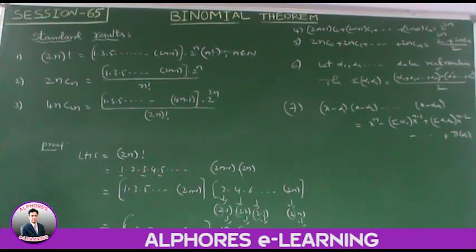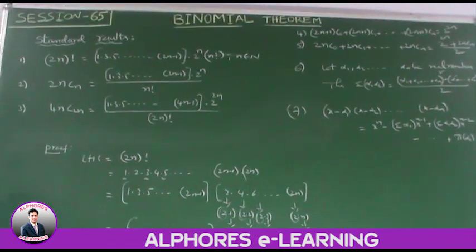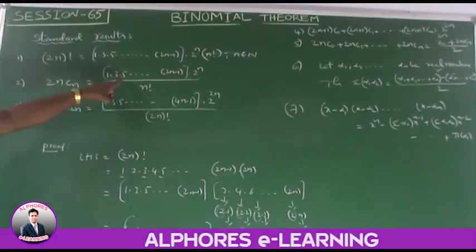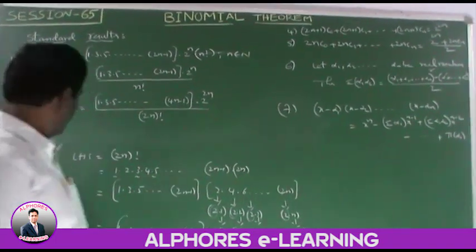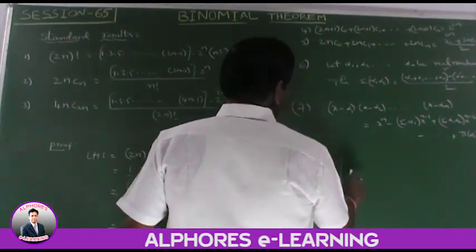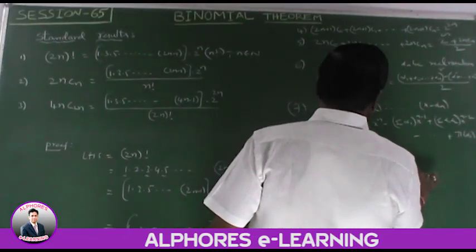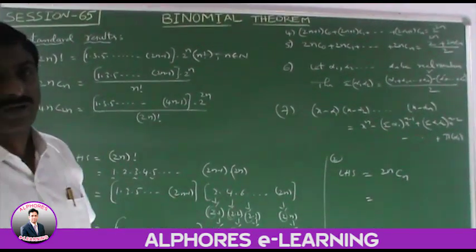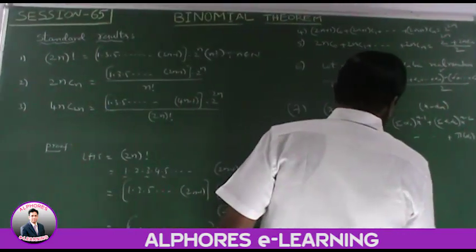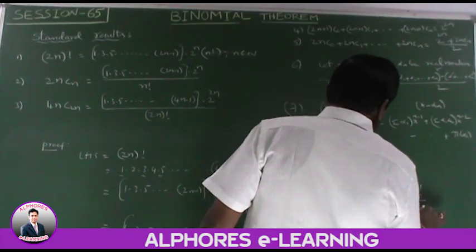Next, second one. 2nCn is equal to 1 into 3 into 5 into so on (2n minus 1) into 2 power n by n factorial. Now, for the second value, what is the LHS? 2nCn. What is the formula for nCr? nCr is equal to n factorial by (n minus r) factorial into r factorial. That means (2n)! by n factorial into n factorial.